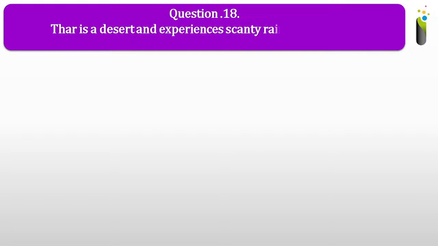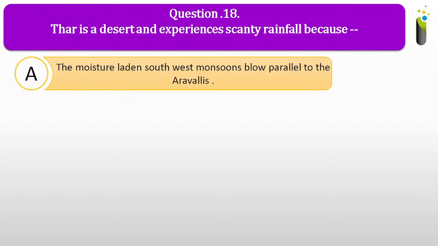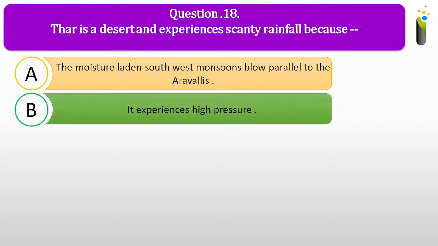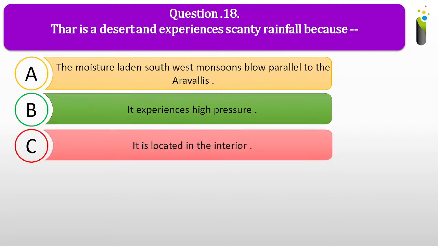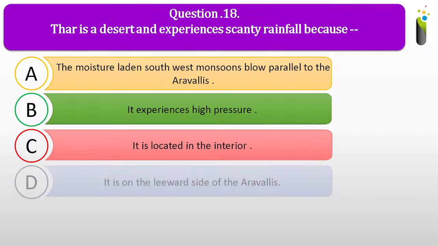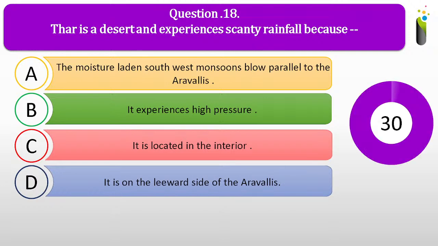Thar is a desert and experiences scanty rainfall because dash. A. The moisture-laden southwest monsoons blow parallel to the Aravallis. B. It experiences high pressure. C. It is located in the interior. D. It is on the leeward side of the Aravallis. And your time starts now.